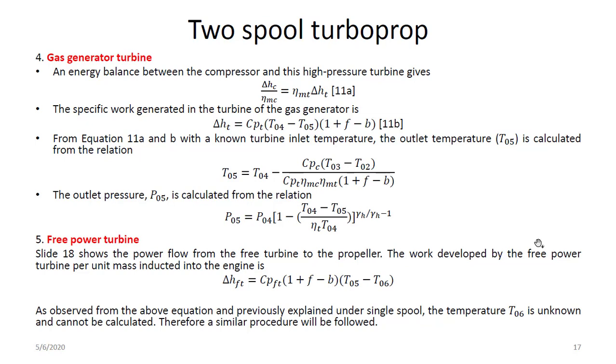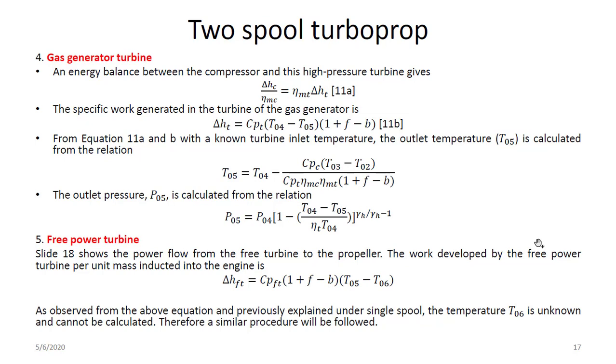Now, if you come to the second turbine, which drives the gearbox that is connected to the propeller, you can get the work developed by this turbine, which is usually referred to as a free power turbine. So the work that will be done is similar to equation 11b, except that the temperatures are those between entry to this turbine and exit from this turbine.